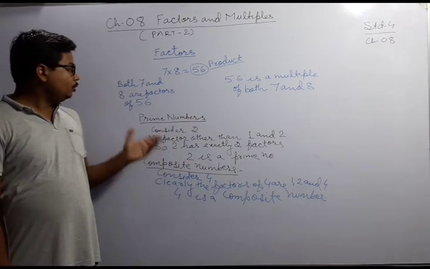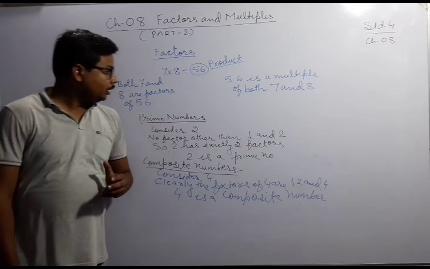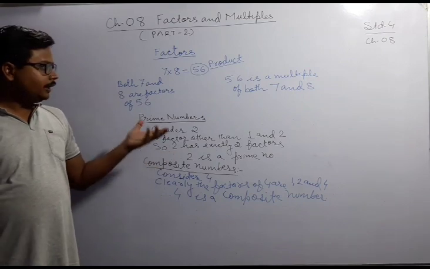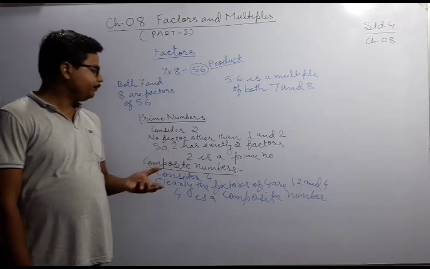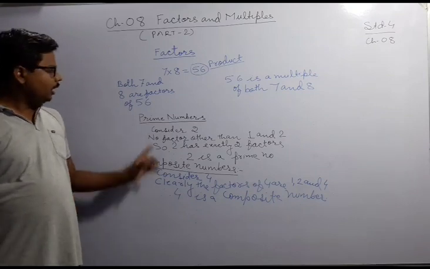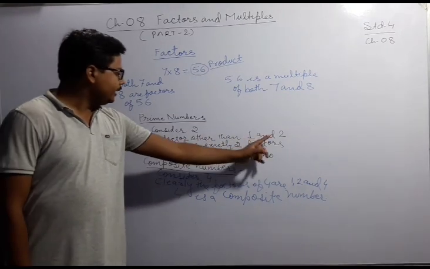Now let us come to prime numbers. As you all know what is a prime number, but let us understand with an example. Consider 2. It has no factors other than 1 and 2.